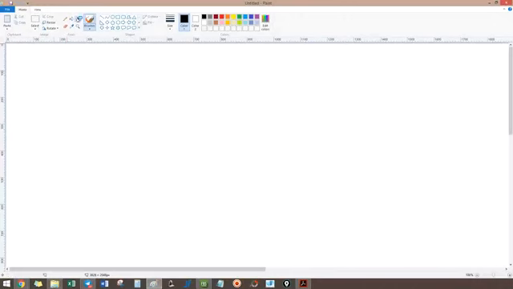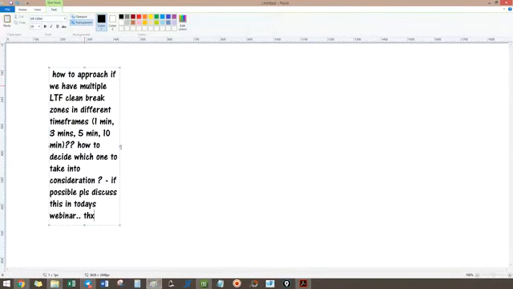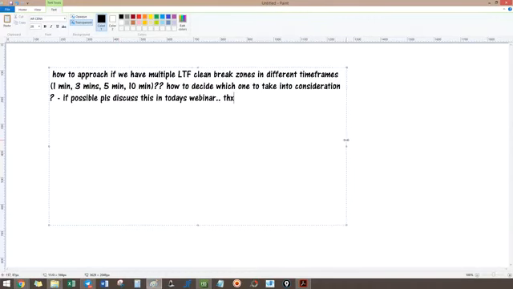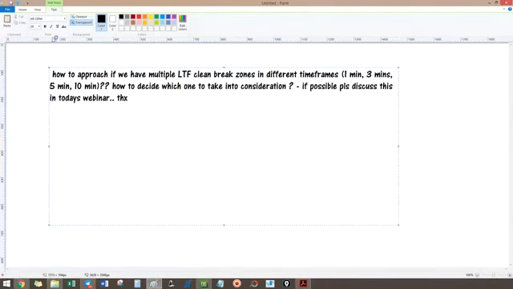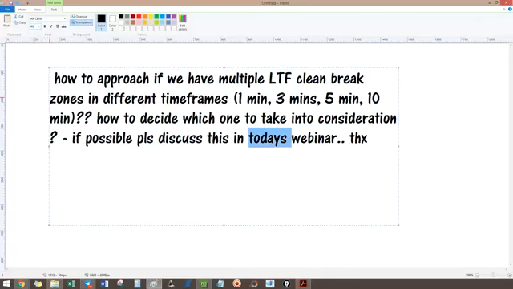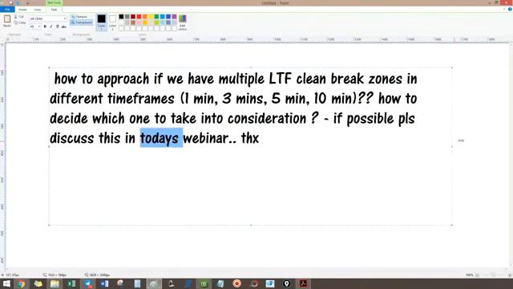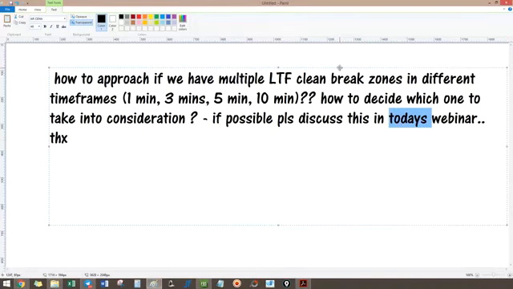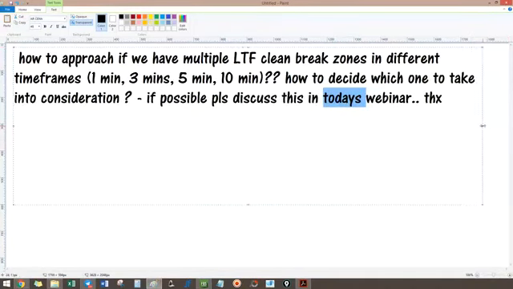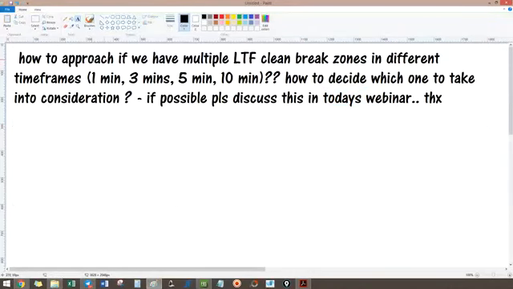So how do we approach it if we have, I mean, the way we want to find the clean break on a lower time frame?